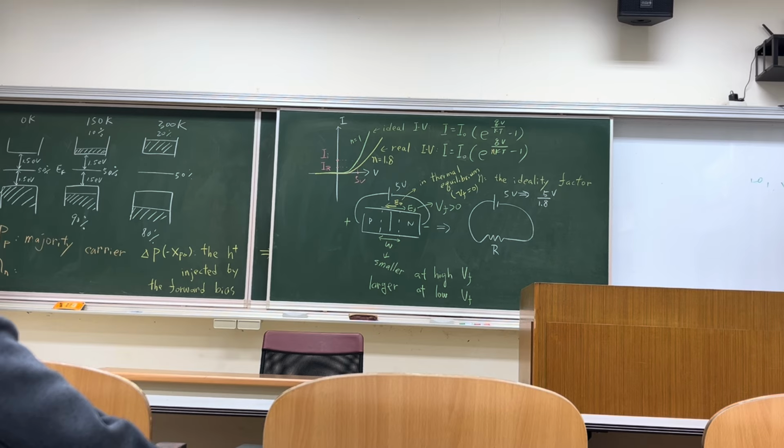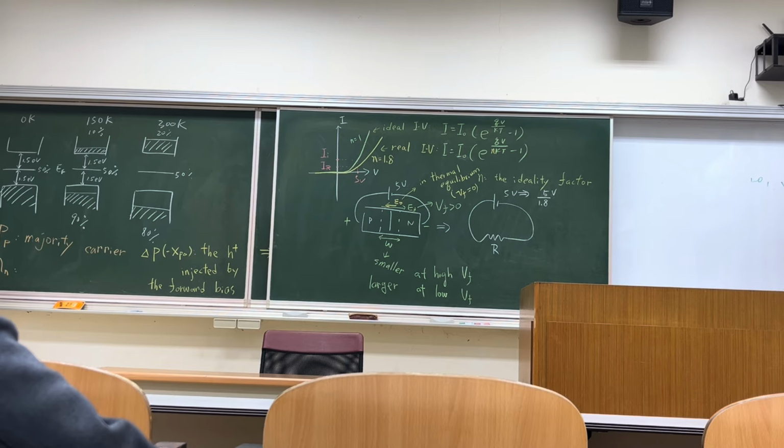Why? Because when your bias is too high, you break the first assumption. So at high bias, the first assumption, as I indicated there, is not true anymore. What is the first assumption?